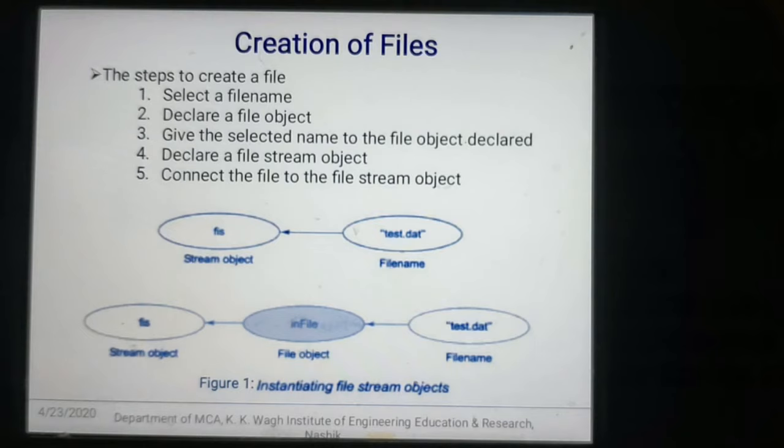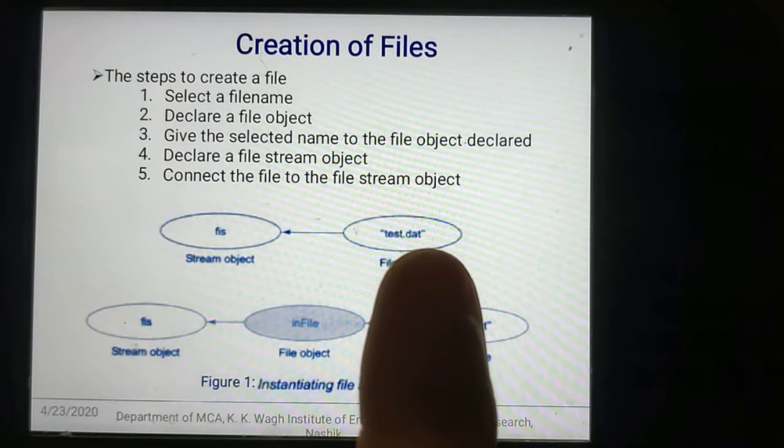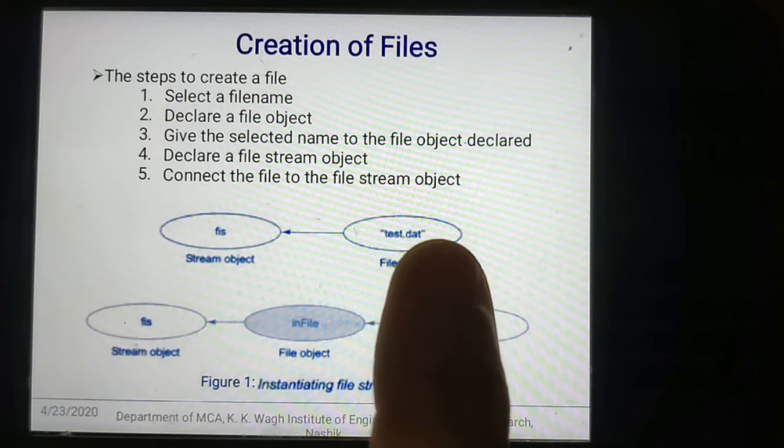For creating the file, we have to follow five steps. Those steps are: first you have to select the file name, then declare the file object, then give the selected name to the declared file object, then declare the file stream object, and lastly connect the file to the file stream object. These five steps are represented in a pictorial representation. First you have to select the file name along with the extension, which is optional.